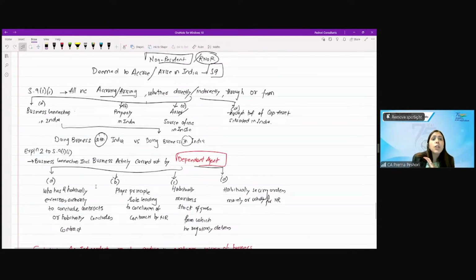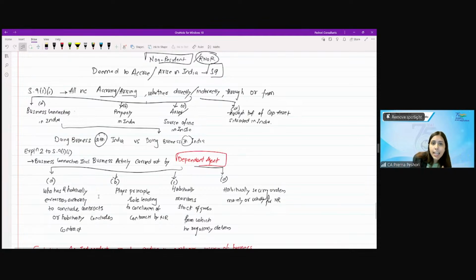Now, in the times where almost all the activities are entirely digitalized, it is quite possible that you may be doing every set of your transactions just outside India, but you may be earning a huge sum of money from India because you are able to provide the same services without having any physical presence. And that way, the country started losing a lot of taxes on these transactions, which had become highly digitalized.